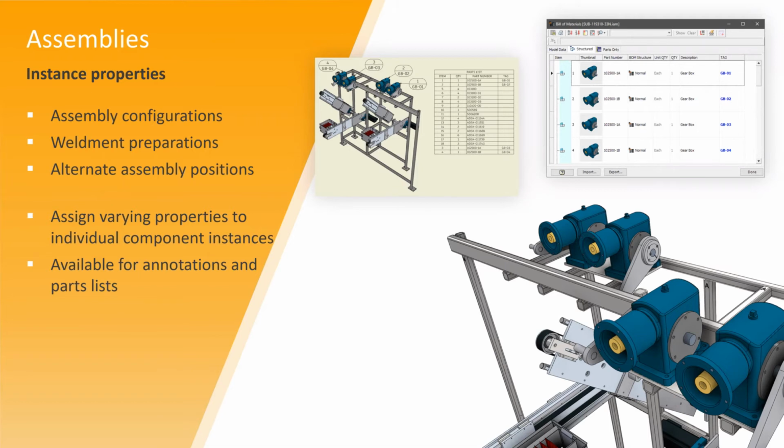Another really important thing for those of you moving from 2021 or 2020 into 2022 is that if you're using level of detail currently, and I know many of you are, those levels of detail are by default migrated to model states. So please be aware of that.